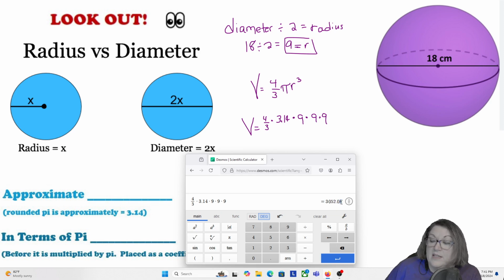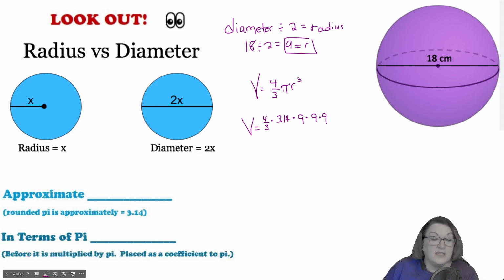If we're rounding to the nearest tenth, since the 8 in the hundredths place is 5 or greater, we round the 0 up to a 1. So we end up with 3052.1. And this is centimeters, so we're going to use centimeters cubed.